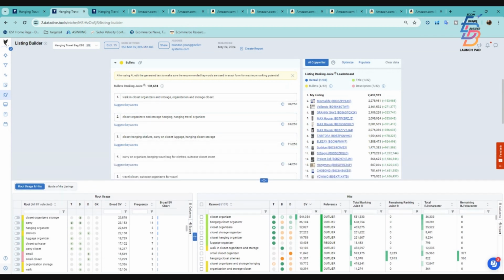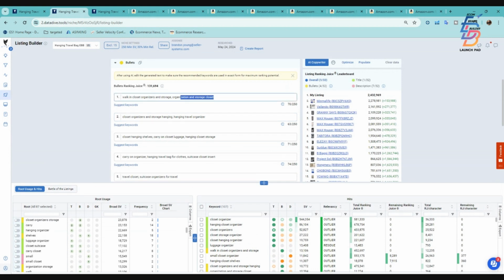But what I would do next is take these keywords into a notepad. I'm going to copy these over to a notepad, and you can hit suggest keywords multiple times as much as you want.